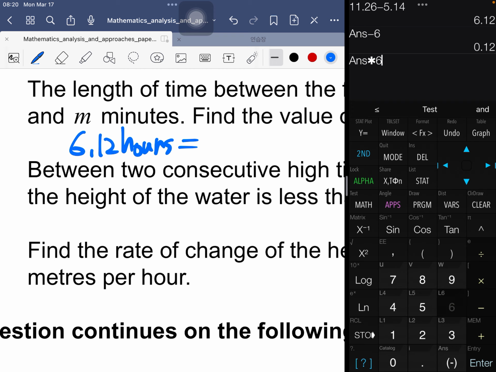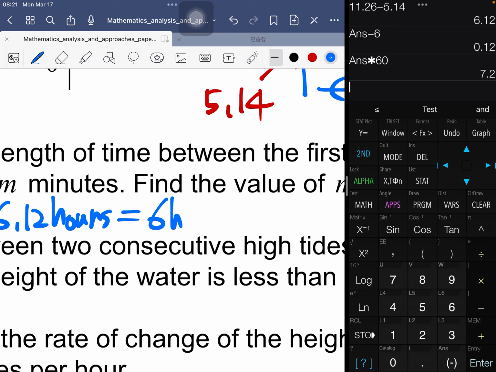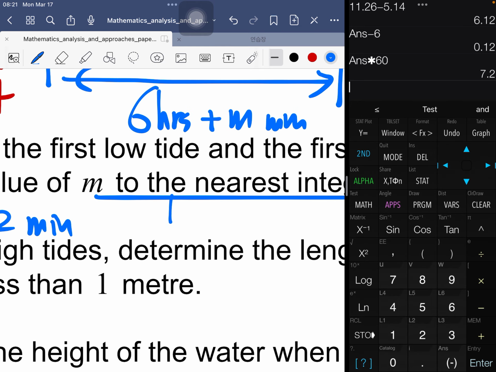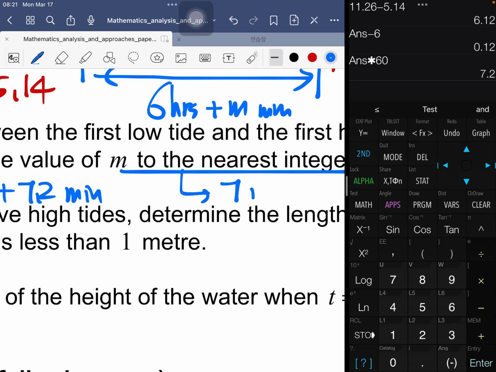This times 60 will give us m to the nearest integer. So it's going to be 6 hours plus 7.2 minutes. So m to the nearest integer should be 7 minutes. 7, right?